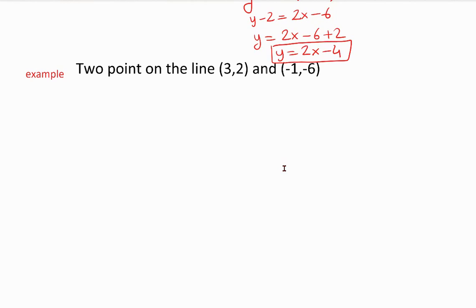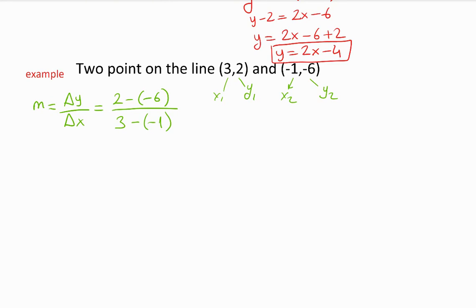We know slope is the change in y over the change in x. So my y values are 2 and negative 6, so 2 minus negative 6 over, let's say this is y1 and y2, and this is x1, this is x2, 3 minus 1.